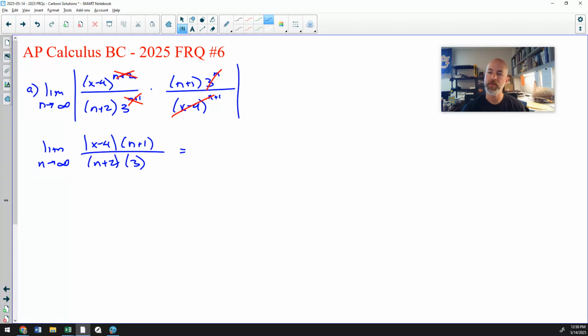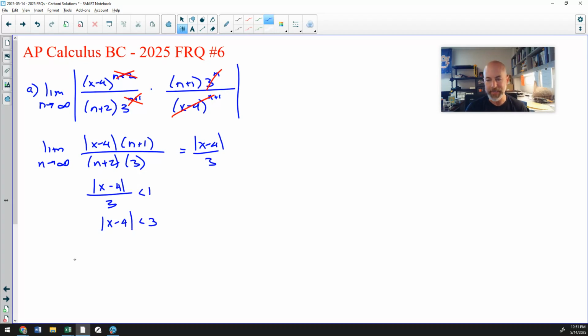And the answer to that limit, top and bottom degrees are equal, so the answer to the limit is absolute value of x minus 4 over 3. For the interval of convergence, I need the ratio test to give me a result that is less than 1. That's going to happen when absolute value of x minus 4 is less than 3. So there's my radius of convergence.